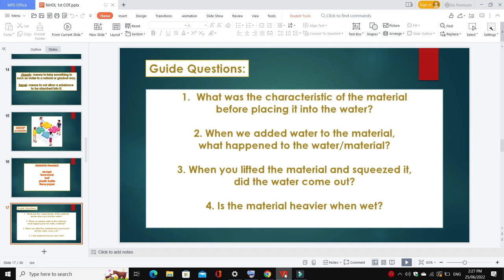Second, when we added water to the material, what happened to the water or material? Third, when you lifted the material and squeezed it, did the water come out? And fourth, is the material heavier when wet?